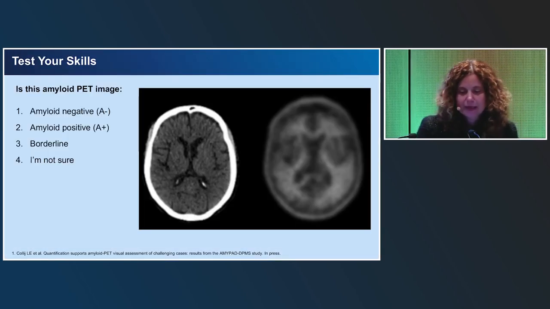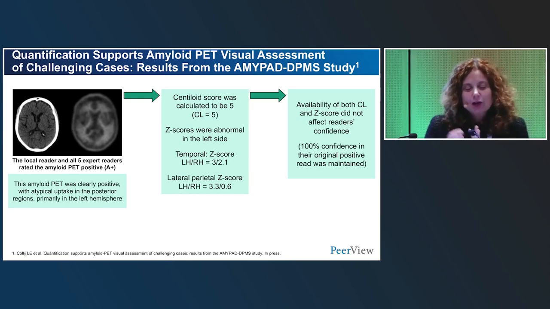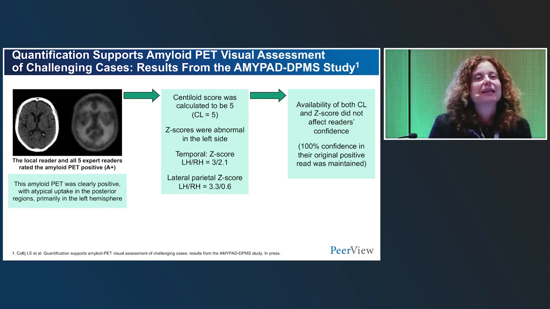So another example: do you believe it is negative, positive, borderline, or are you not sure? It is positive. We have a clear impression of loss of contrast, especially in the left hemisphere.